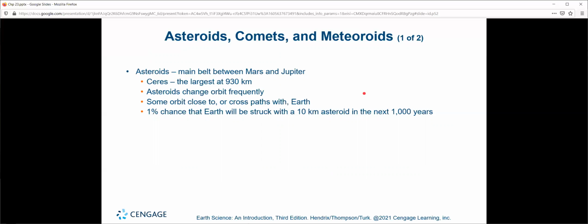Asteroids change orbits frequently. Some orbit close to Earth. They collide with other planets. Not very uncommon. Since the asteroid belt is a very active zone, there is a not-zero chance that we may be struck by an asteroid in the next 1,000 years. A big one.